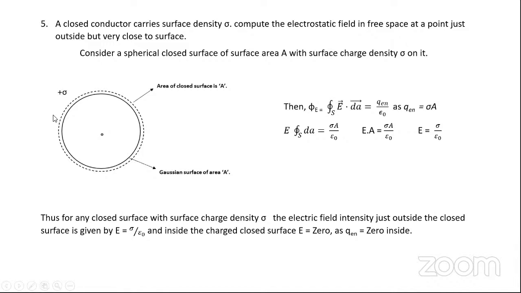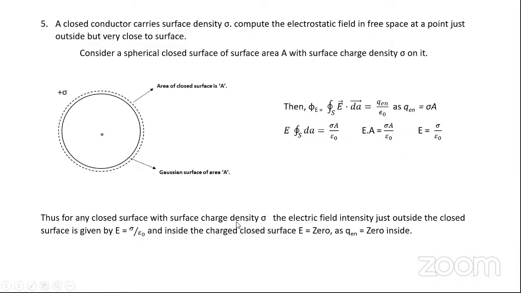Therefore E multiplied by the closed surface integral dA is equal to sigma A divided by epsilon 0. Therefore, E outside the conducting sphere with charge density sigma will be given by sigma divided by epsilon 0.